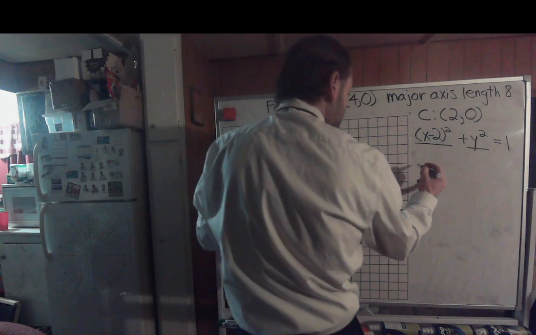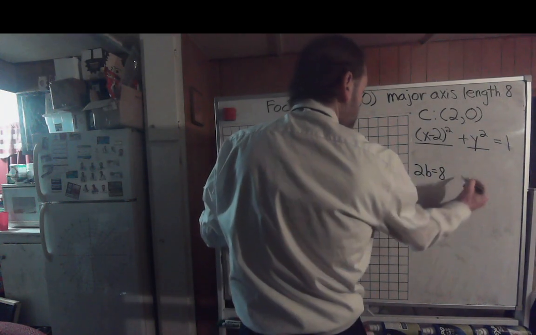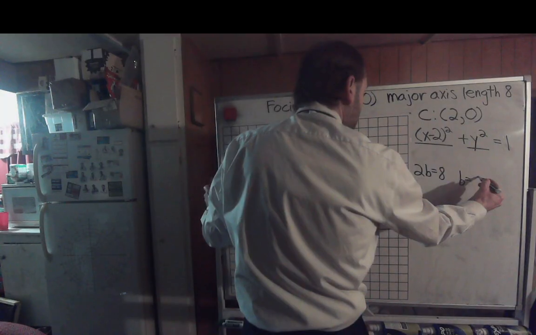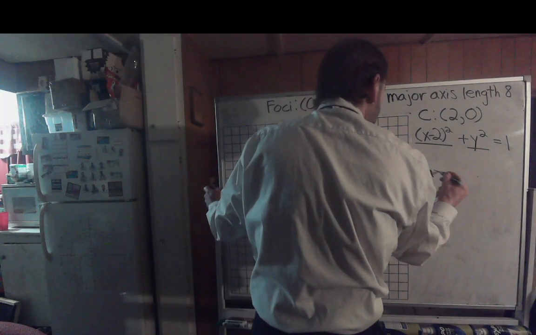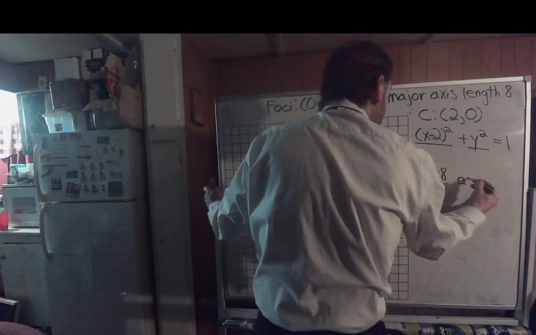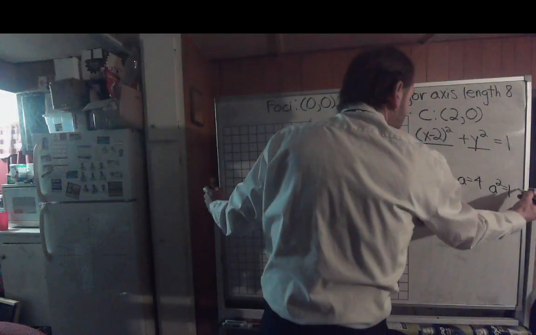So 2b equals 8, so b would equal 4. Major axis, that's a, pardon me. 2a equals 8, so a would equal 4.